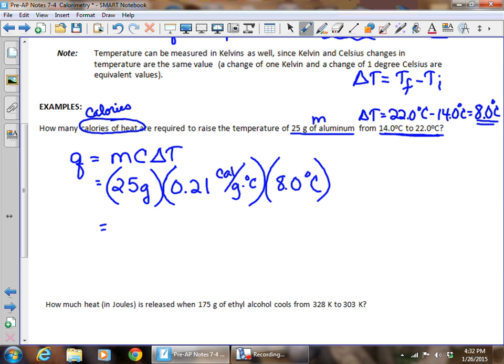So when we multiply that out, we end up with 42 calories. Looks like we need 2 sig figs, since every one of those values has 2 sig figs. We end up with 4.2 times 10 to the first calories.